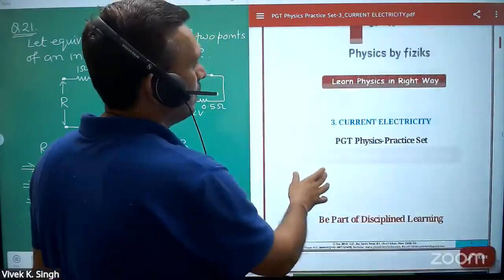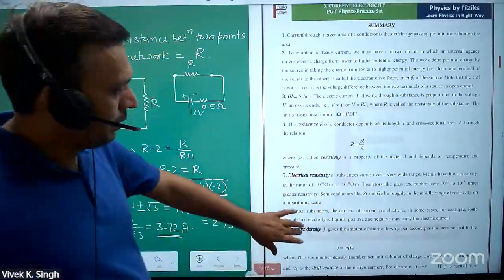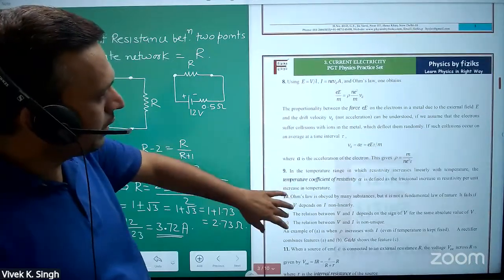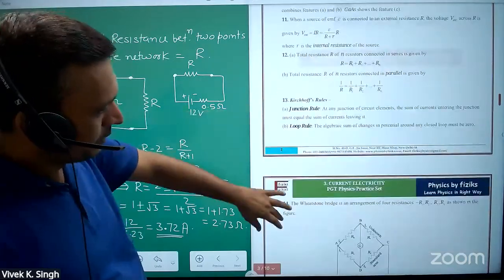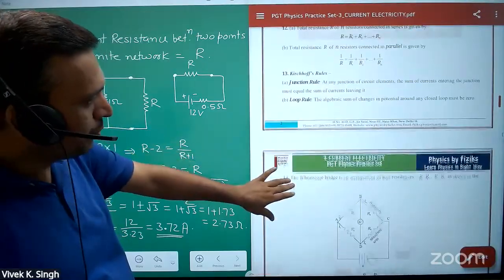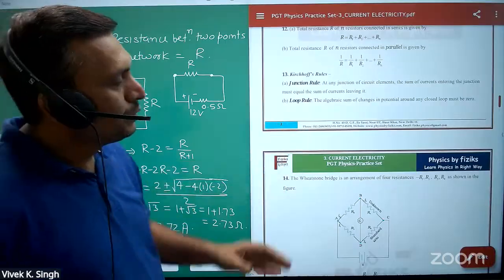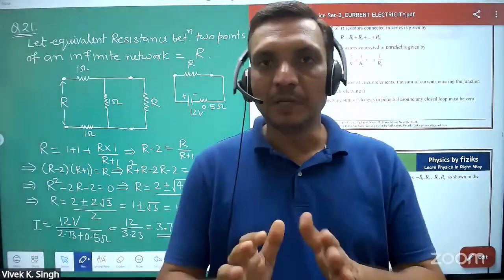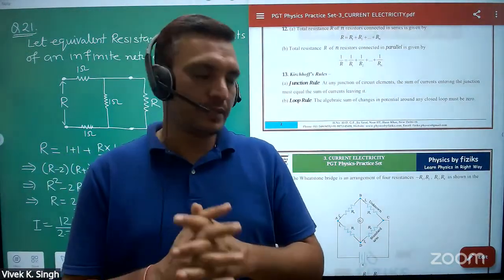We have taken examples on each part. We have also discussed the Wheatstone bridge condition. So that completes chapter number 3, that is current electricity.